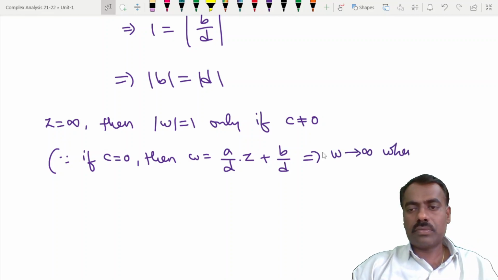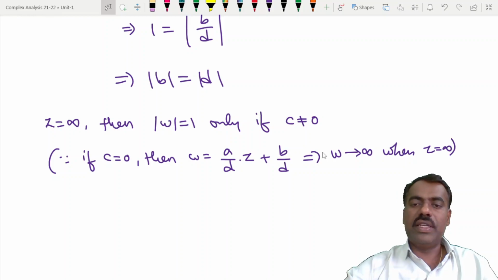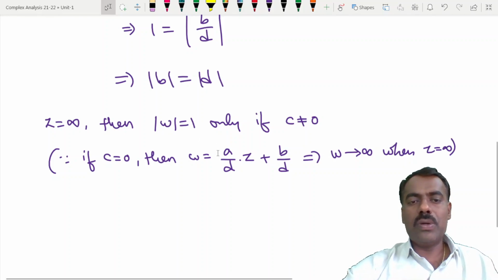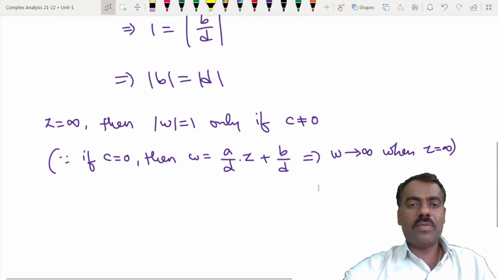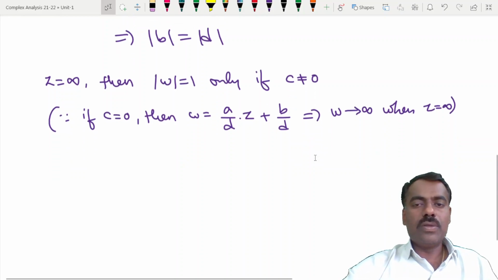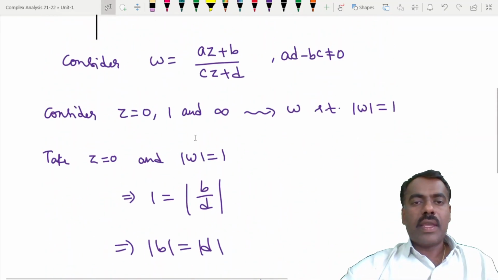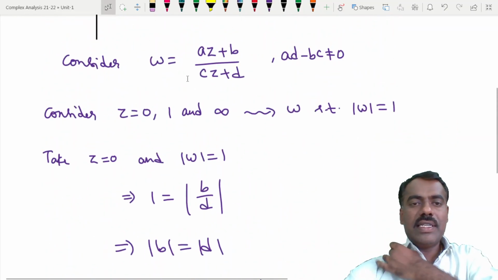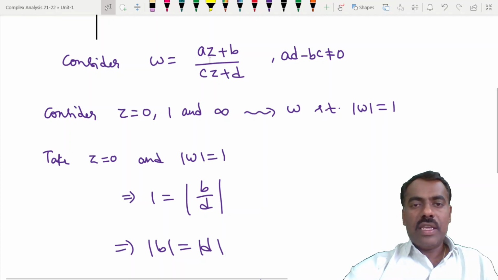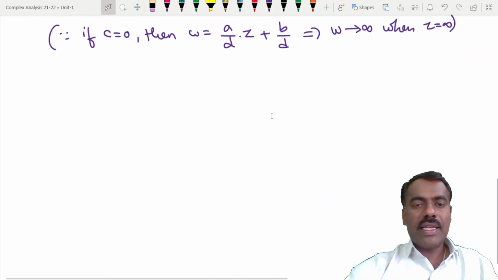But here mod w is equal to 1, right? So this transformation cannot have c equal to 0. So here c is not equal to 0, and when z is equal to infinity, what is w? w will become, if you take z outside, a plus b by z over c plus d by z, right?